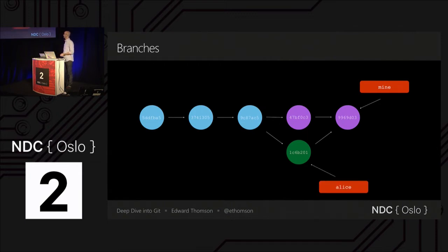And the same with Alice's branch. So it's a pointer into the graph. And the nice thing about this is that since it's lightweight, since it's easy to just make a pointer, right? You just write a file on disk. We'll see what that looks like in a second. But because this is so lightweight, it encourages you to branch more.